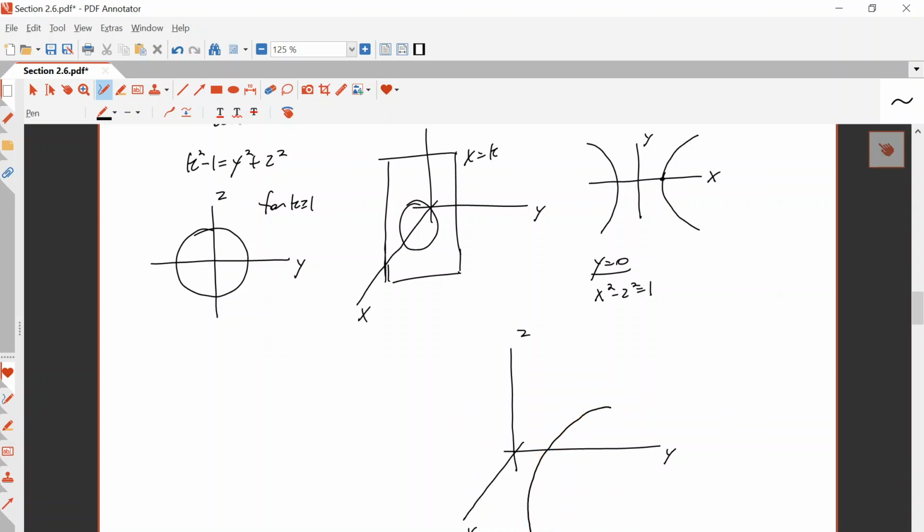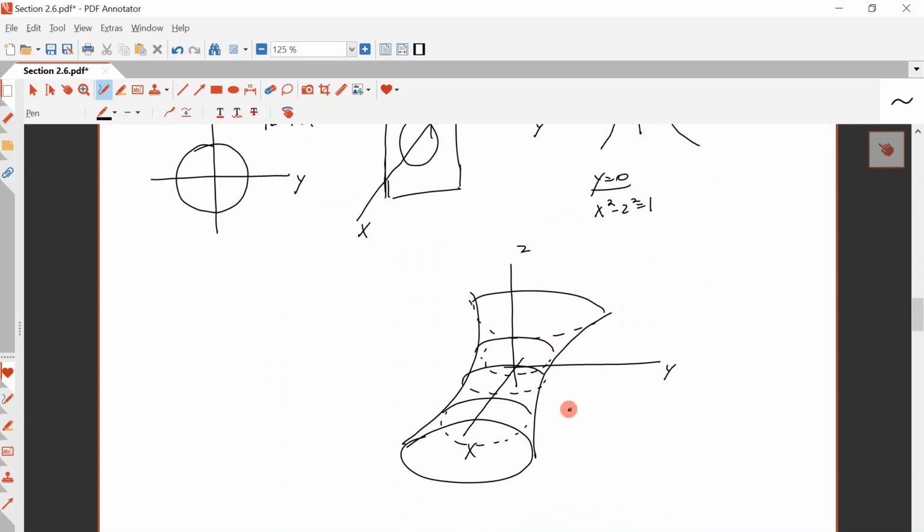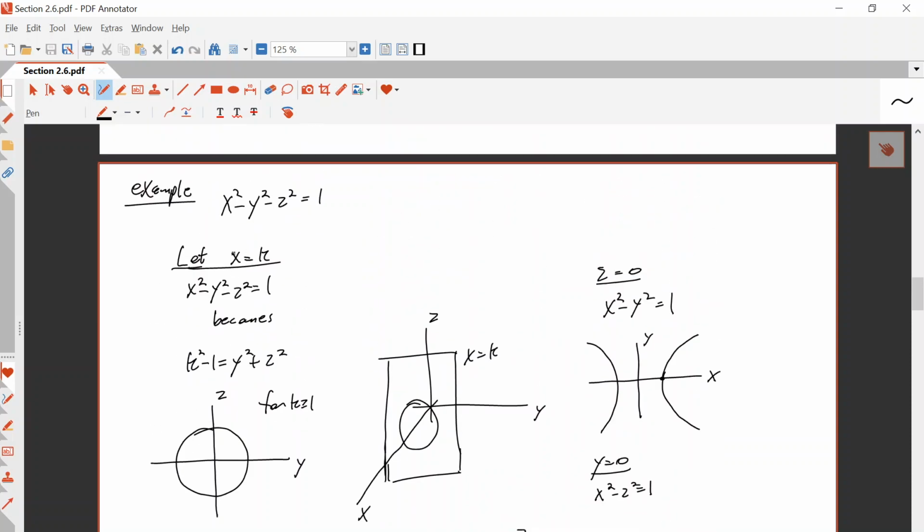I'm not sure it looks too good. Let's see. Okay, it's good. And then I've got these circles. So that's that hyperboloid again, but this time it's centered on the x-axis.